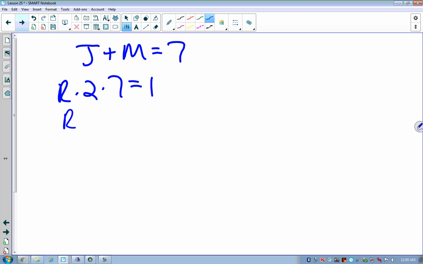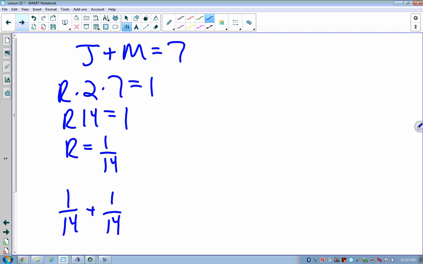Well, that's going to be R times 14 equals 1, so the rate is 1/14th, right? So 1/14th plus 1/14th would be 1/7th, right? 1 job, 7 hours. That makes sense, because 2/14ths is 1/7th. Okay?